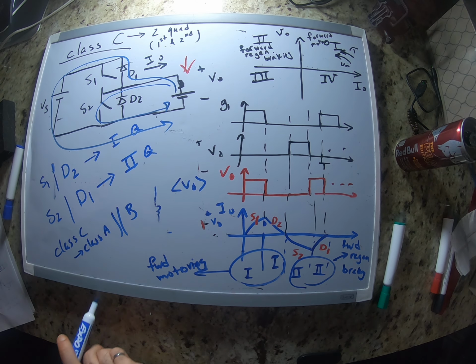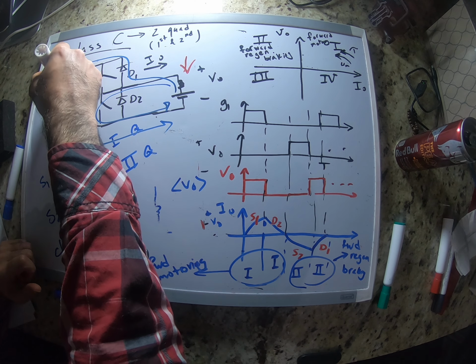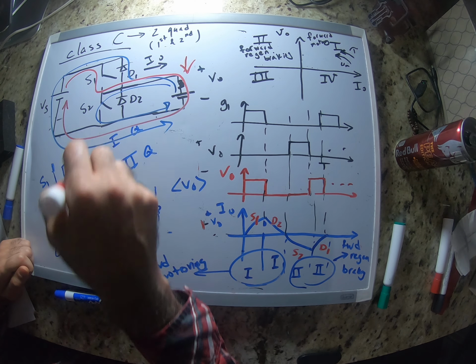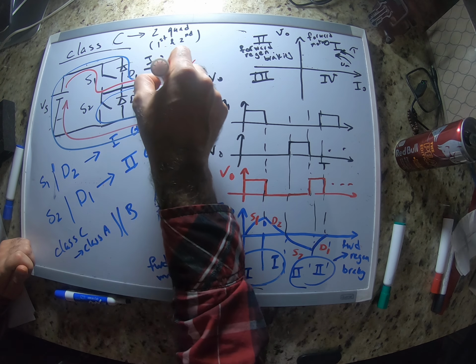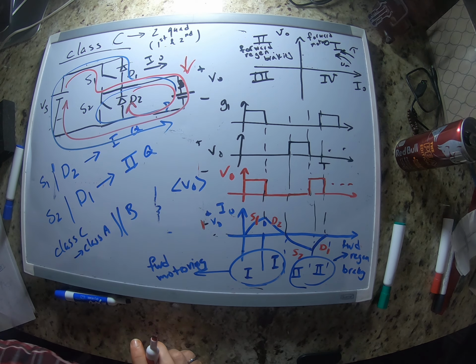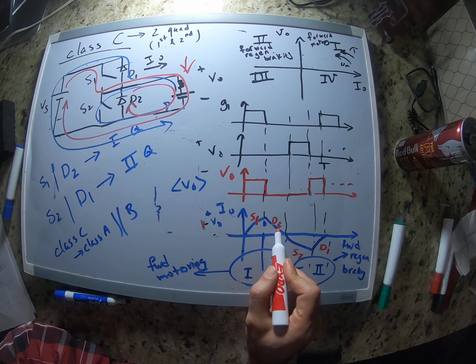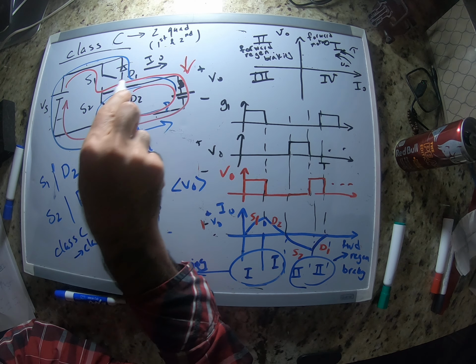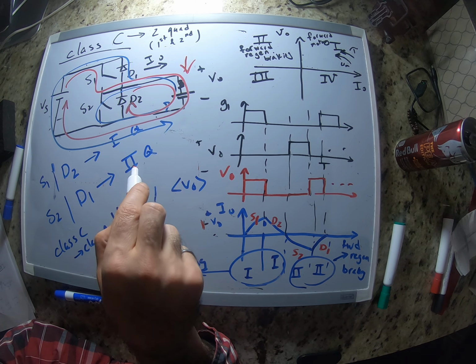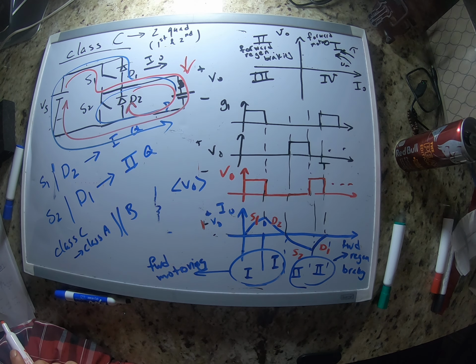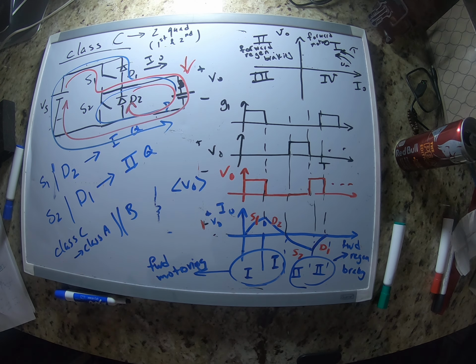If switch 1 is conducting, it's going to be like this. If diode 2 is conducting, it's going to be like this, right? So you see that for the red ones, which are S1 and D2, the direction of the current is positive, but for the blue ones, the direction of the current is negative, right? So that's what class C is.